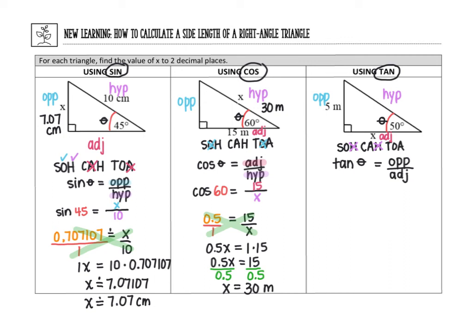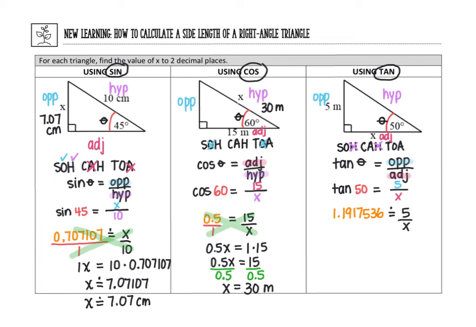So we will have the tan of 50 is equal to 5, which is our opposite, over x, which is our adjacent. We'll use our calculator to find the tan of 50 by plugging in 50 into our calculator and then hitting the tan button. This will give us a number like 1.1917536, which we will then be able to say that is equal to 5 over x.